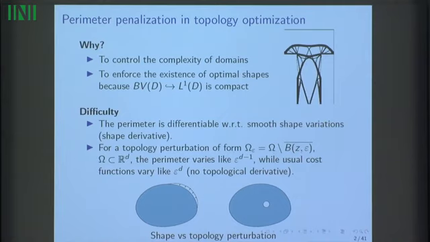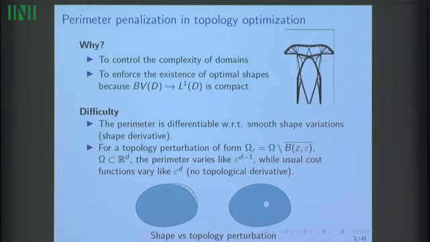One classical way to do that is to include some control on the perimeter of your domain. This enables you to control the complexity, so as to have shapes that are easier to manufacture.